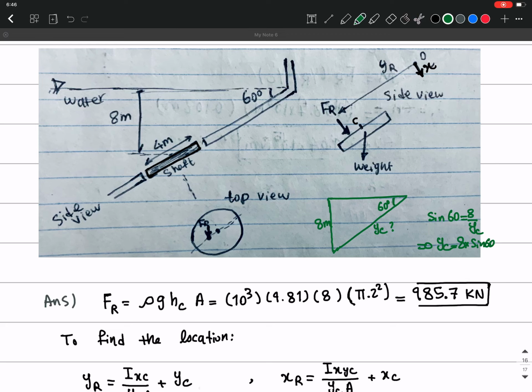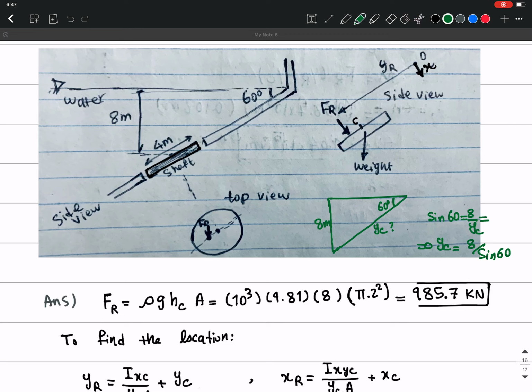Let me make sure I am right. Yes, so it's going to be 8 over yc, and so yc is going to be, I made a mistake here, so yc should be 8 over sine 60, right?